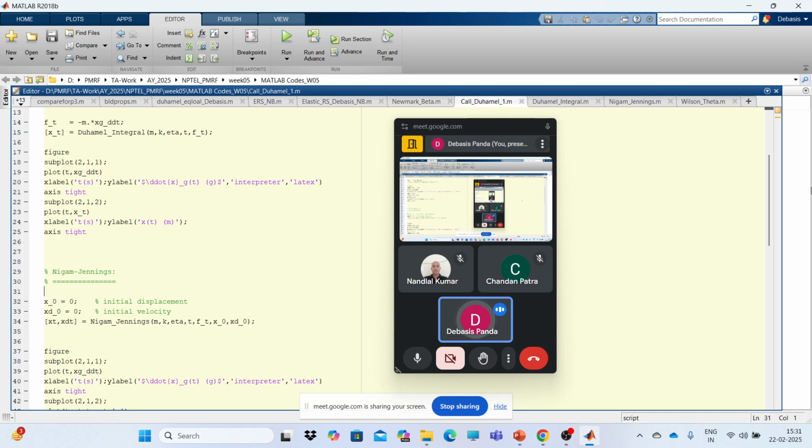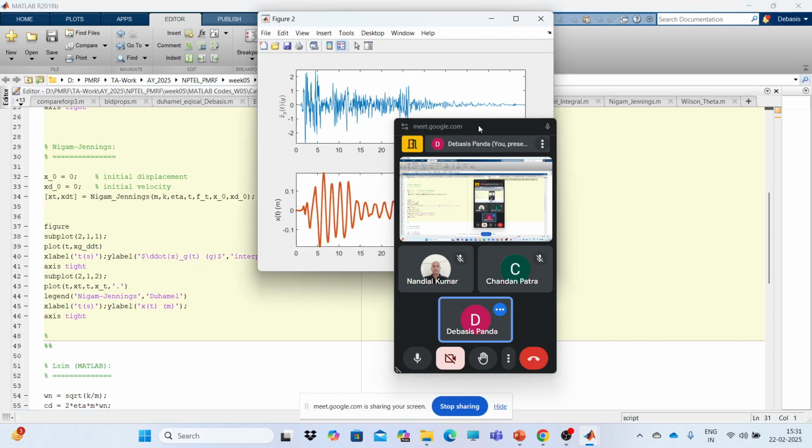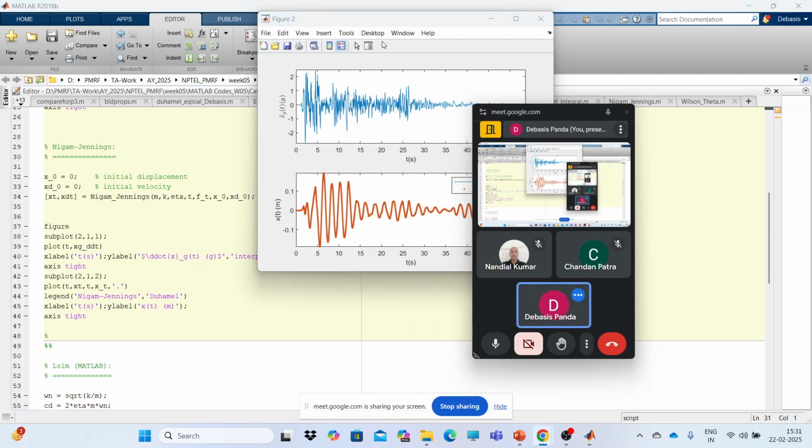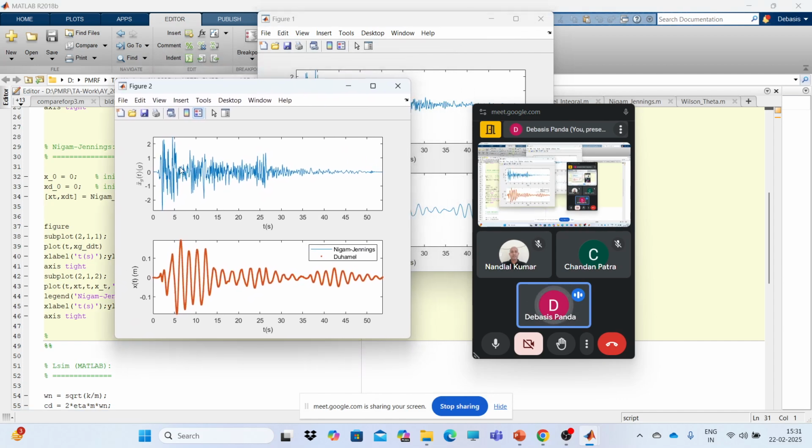So for now we only run the code for Nigam-Jennings. Look, that was the ground acceleration, or we can say the load here, xg double dot, the time series of the El Centro earthquake.